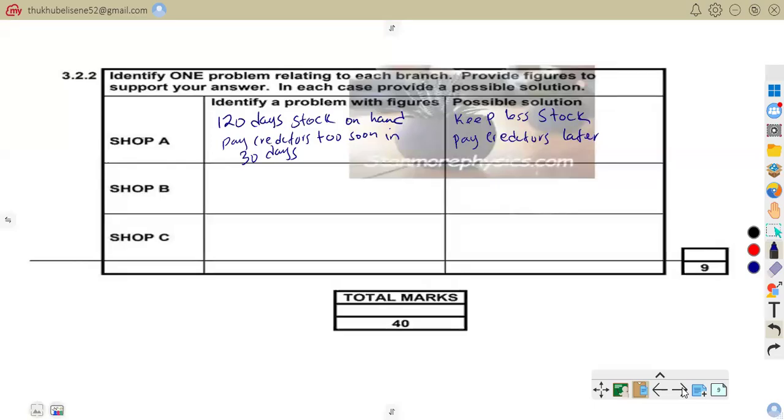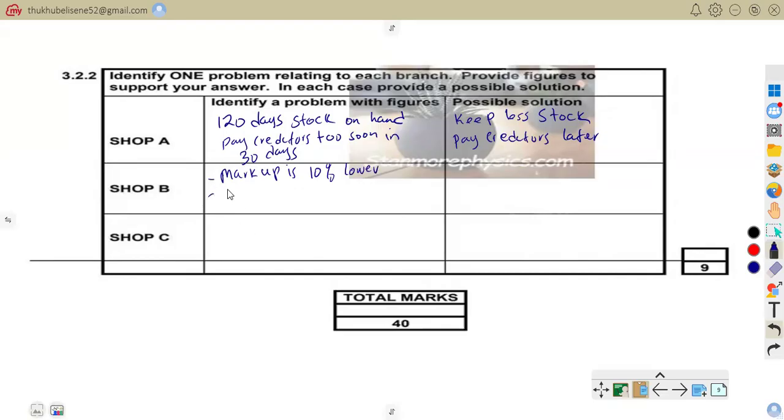So we are on shop B. We have said the markup is 10% lower. Remember, we have given the discount now. That is a problem as well.